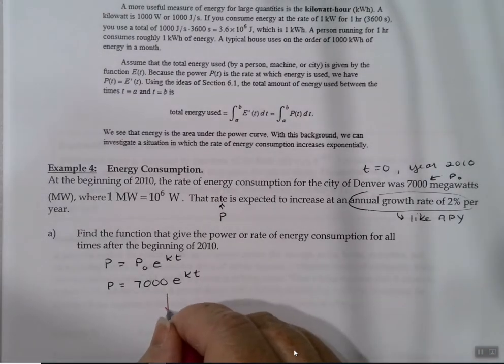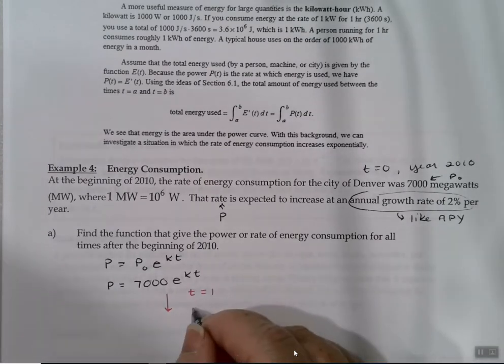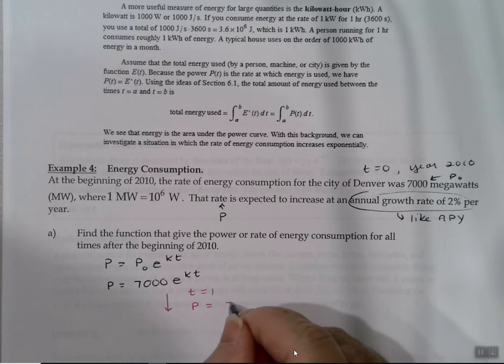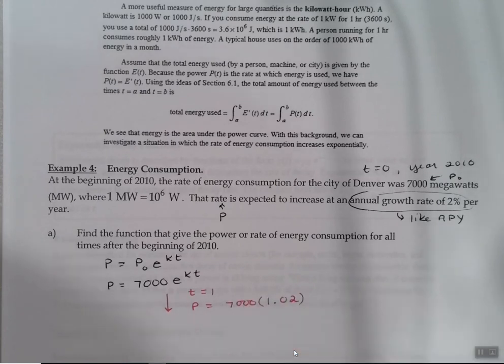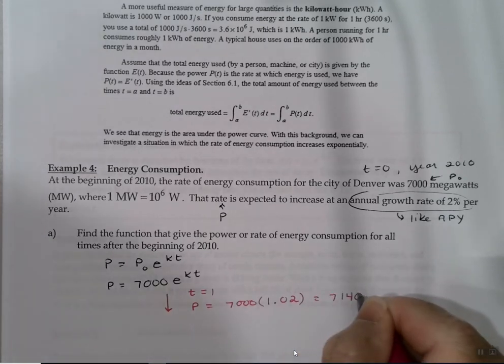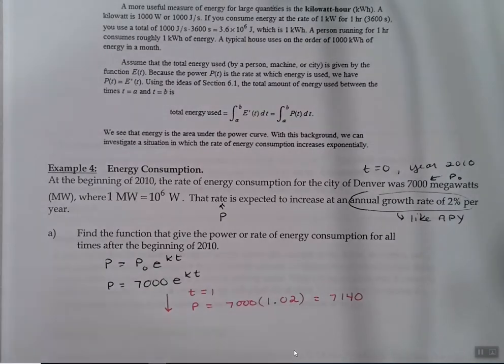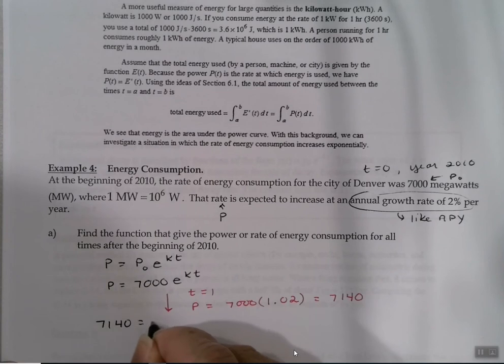So when t equals 1 year later, the power is going to be the original 7,000 times an increase of 2%, so times 1.02, or 7,140. So let's put that in. 7,140 equals 7,000 e to the k times 1.